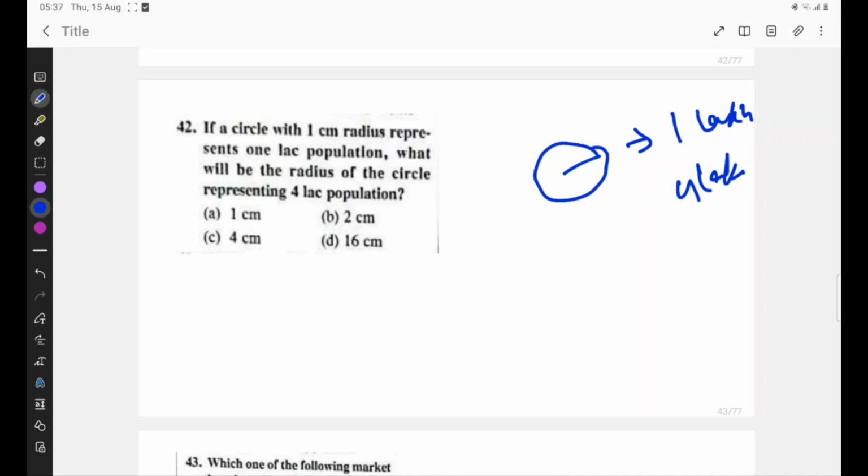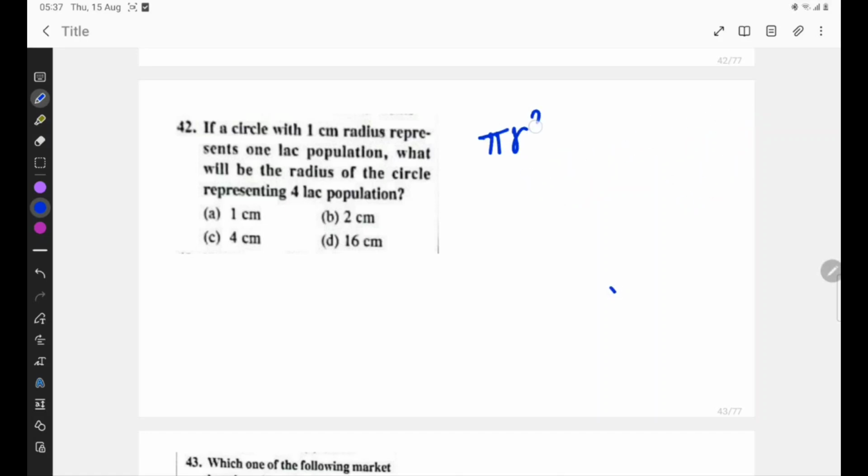So here there is a formula for calculating the radius of the proportionate circles. The formula is pi r square is equal to q. So r is the radius of the circle and q is the quantity which is being depicted by the circle of radius r.